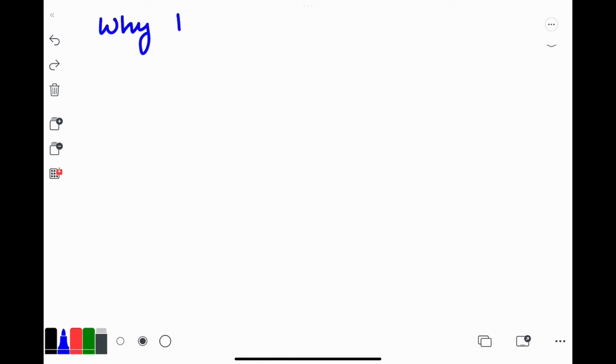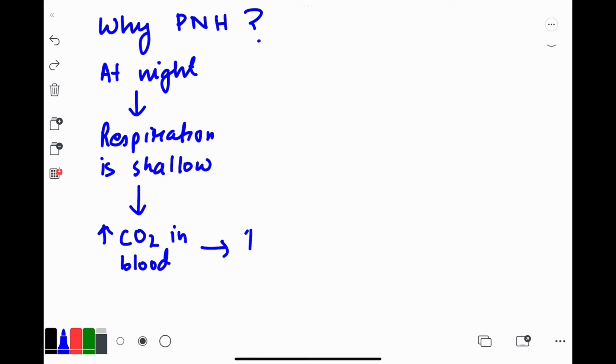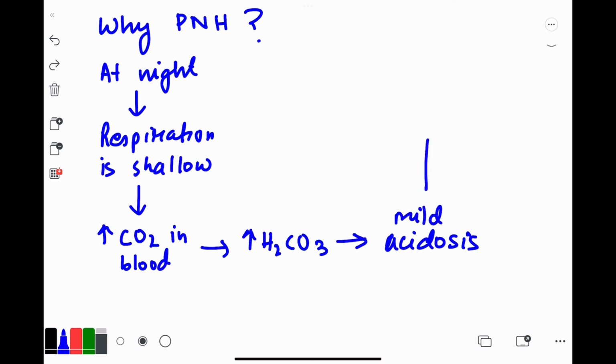Now the question is why it is called paroxysmal nocturnal hemoglobinuria. At night we have shallow respiration, our respiratory rate is slow and relaxed, and therefore there is a slight rise in carbon dioxide in the blood. This results in H2CO3 formation, which ultimately results in mild respiratory acidosis. This acidosis lowers the pH and therefore promotes the activation of complement.